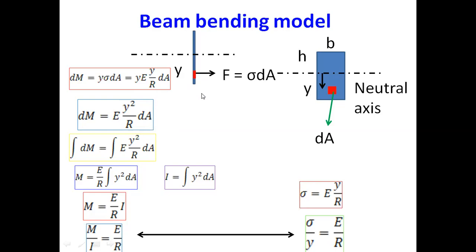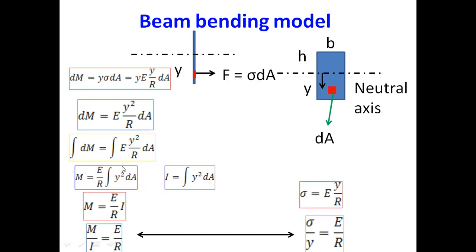So for the total moment over the whole cross section, we have to integrate this equation. So integrating on both sides, we would have M, and E by R is constant. E is Young's modulus, R is the radius of curvature. So we are writing these two outside the sign of integration. So integral y square dA.